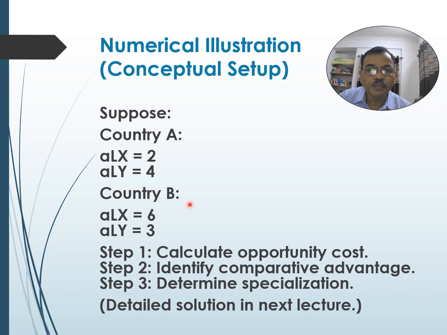Country B has ALX, that is the input requirement for producing good X, equal to 6 and ALY equal to 3.